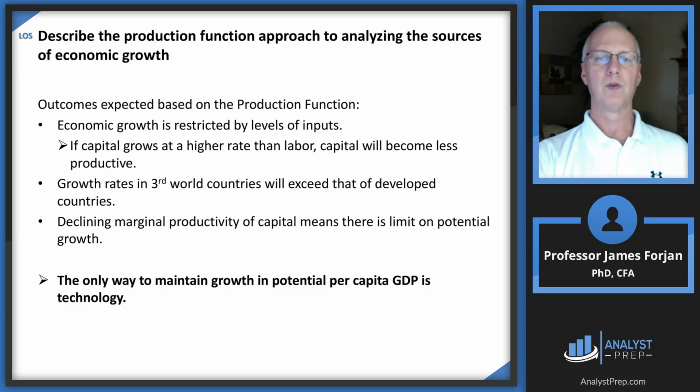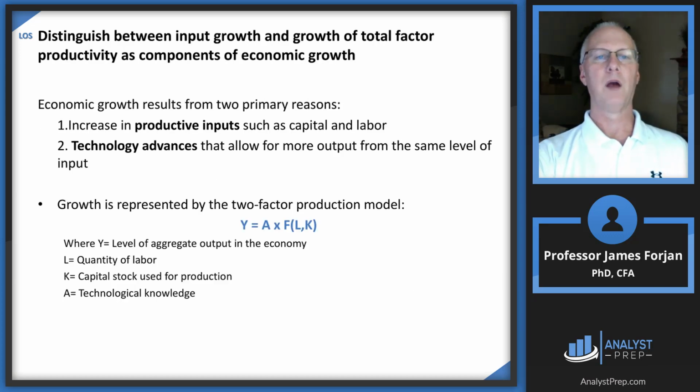If capital grows at a higher rate than labor, capital becomes less productive. That should make perfect sense. The only way to maintain growth in potential per capita GDP is through technology. Two primary reasons for economic growth: productive inputs, capital and labor, and technology advances.